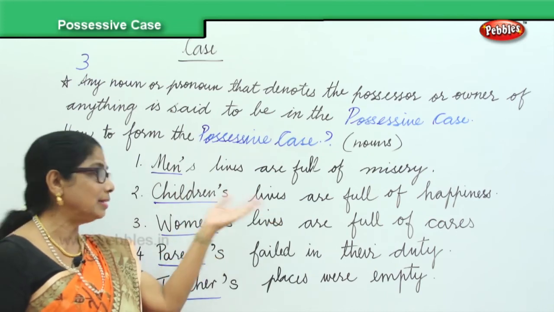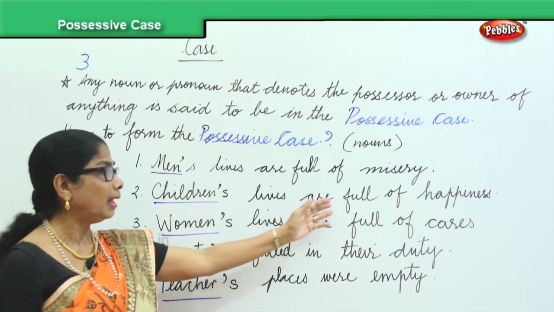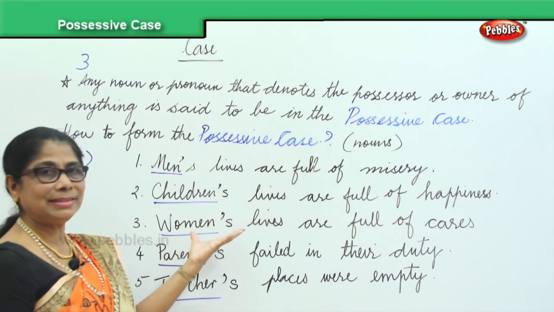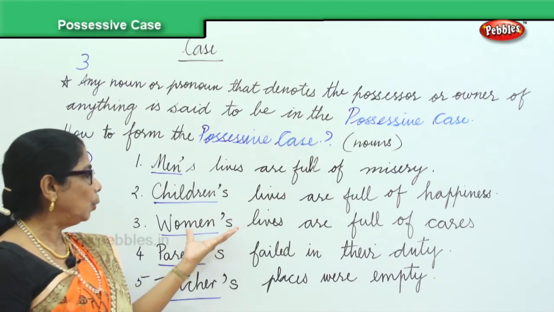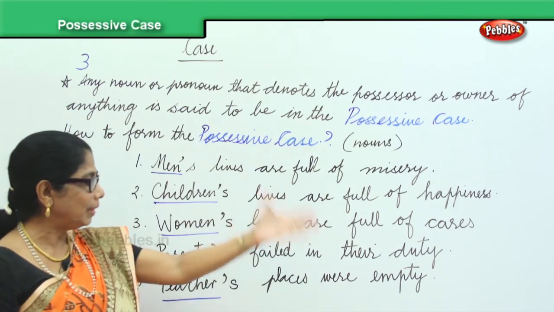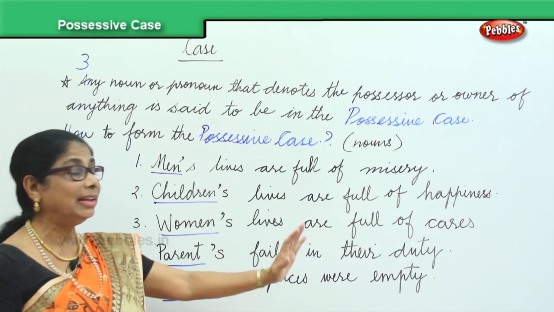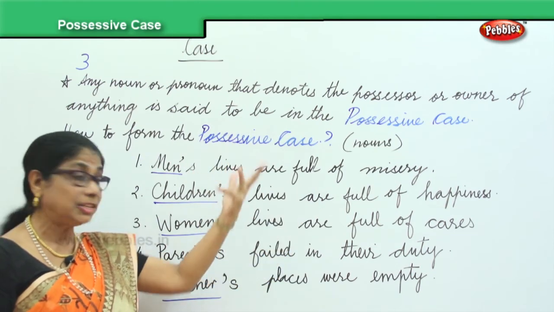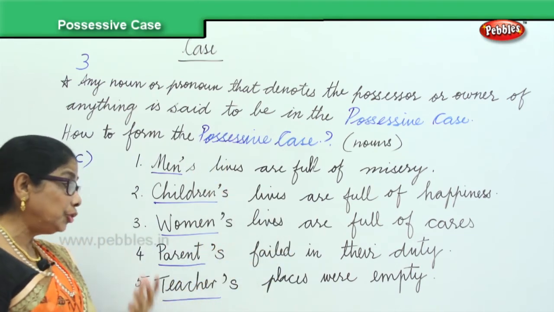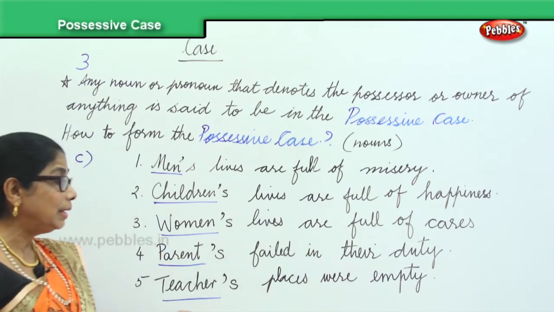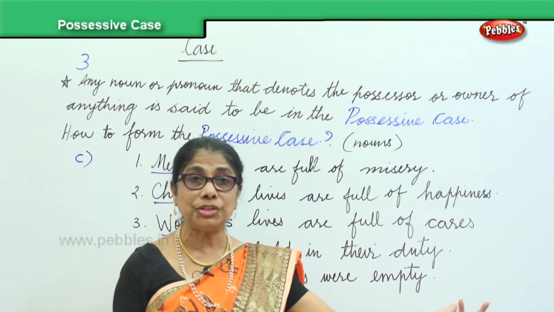Children's, all the children's lives are full of joy, full of happiness. Women, every single woman. Women's lives are full of cares. Parents, all the parents. Parents failed in their duty. When they fail, then the children don't perform well. Teachers' places, wherever the teachers sit, teachers' places were empty. That means no teacher came to school.